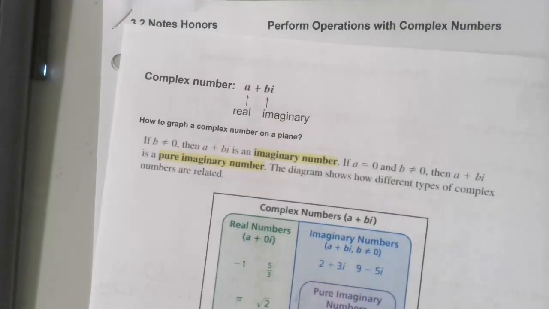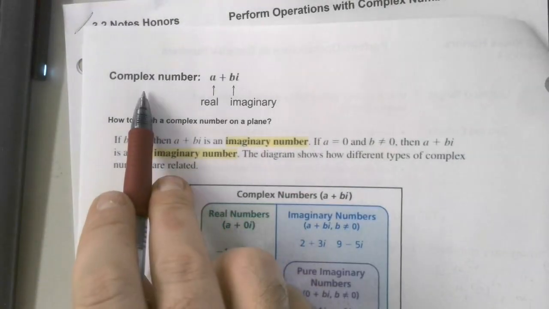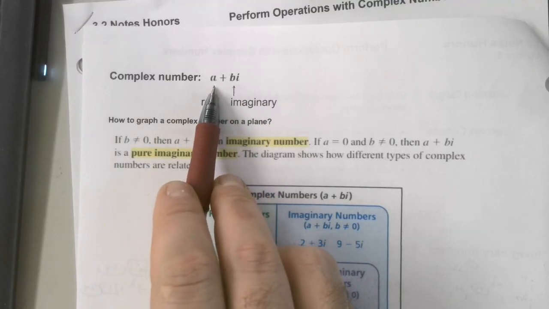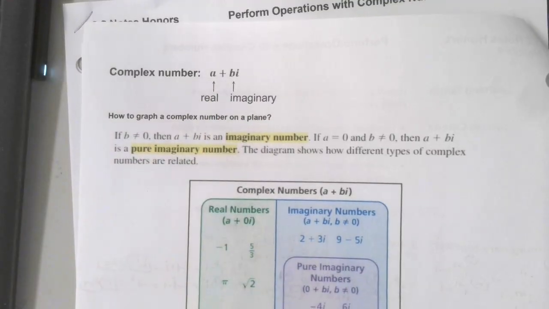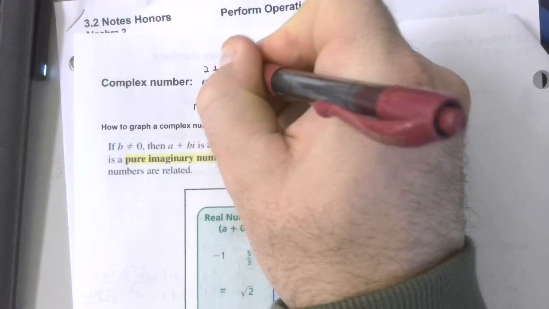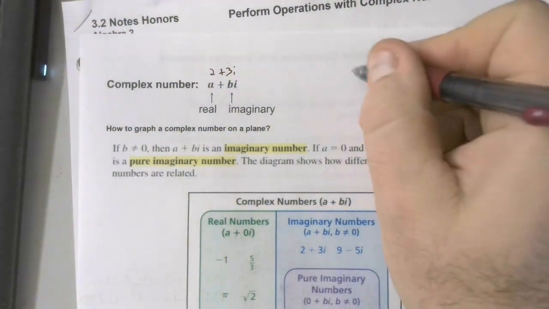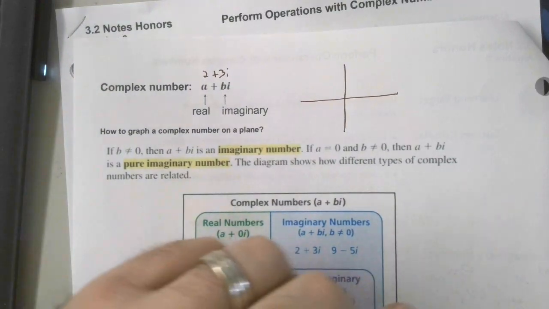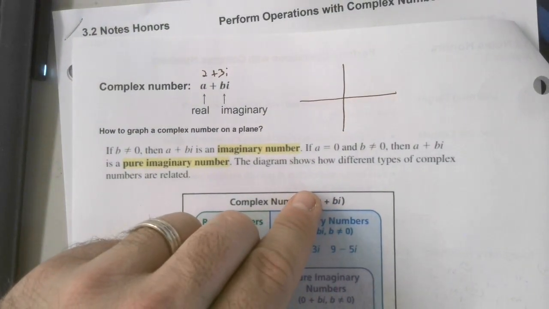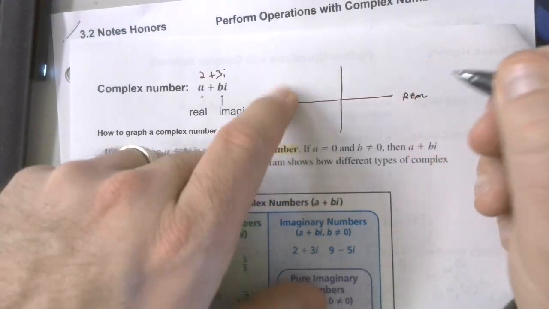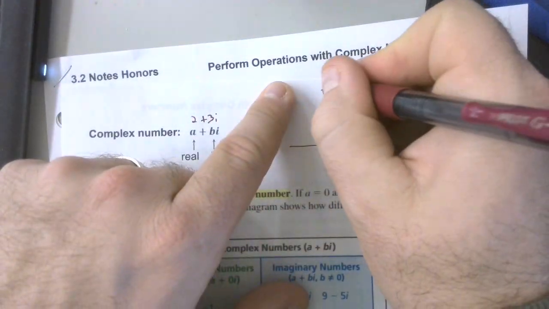So when we talk about this idea of a complex number, there's always two parts. There's a real and imaginary part. And so if I do this as 2 plus 3i, you can actually graph complex numbers on the xy plane. Basically on the x-axis you have the real part, and the y-axis you have the imaginary part.